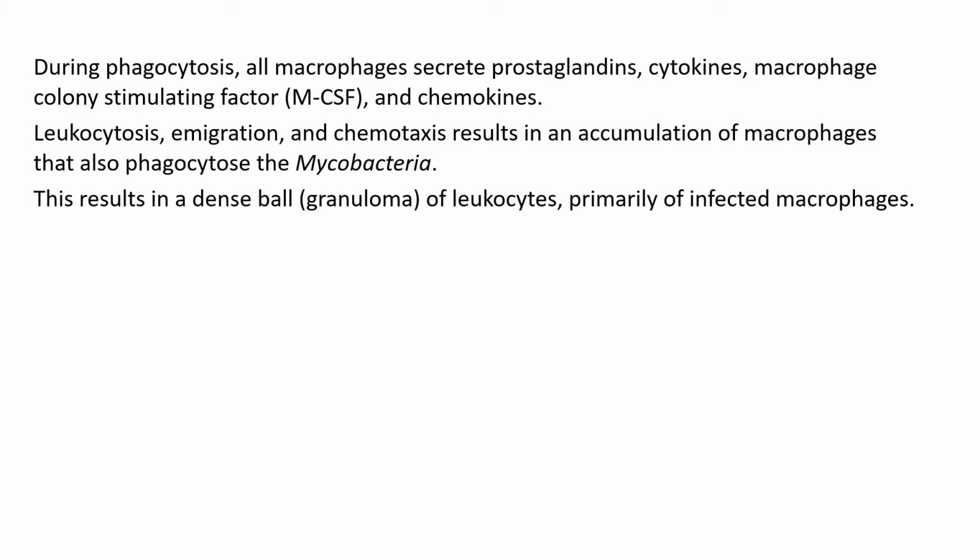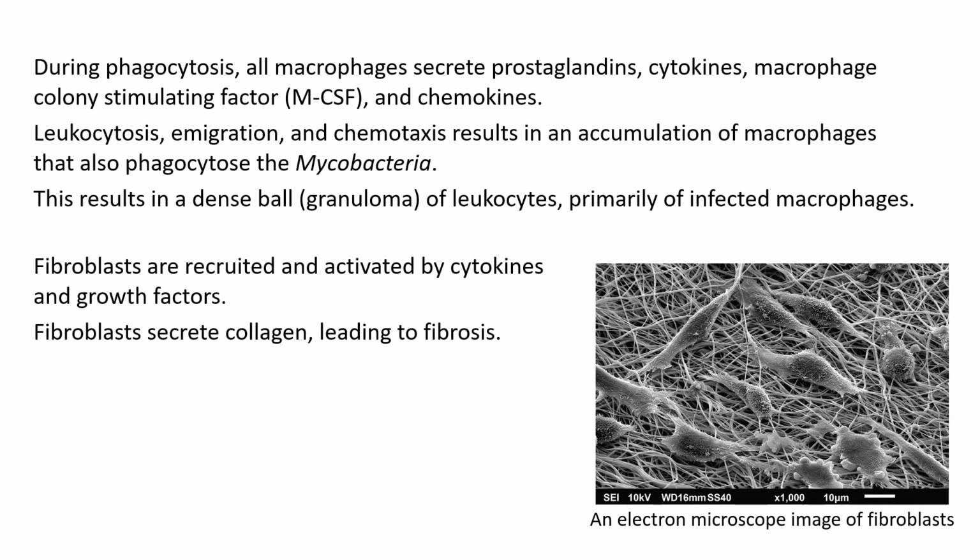What we end up with is a big ball of infected macrophages, primarily infected macrophages. This dense ball of infected macrophages that can't get rid of the mycobacteria within them then forms the granuloma. Along come our fibroblasts. After all, this is chronic inflammation, so we're going to have some fibroblasts.